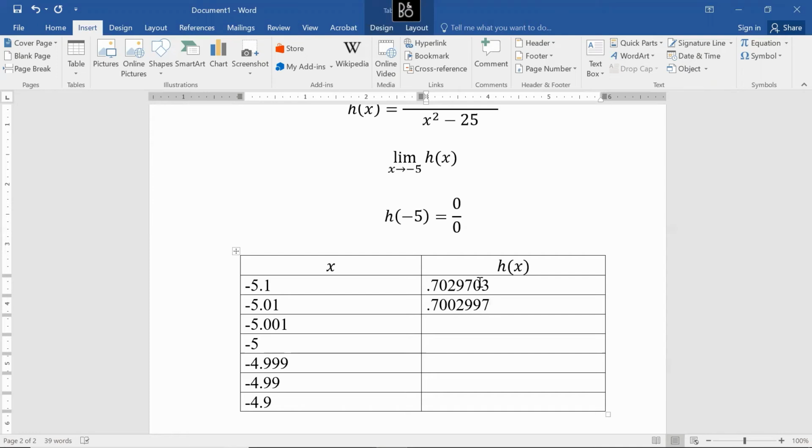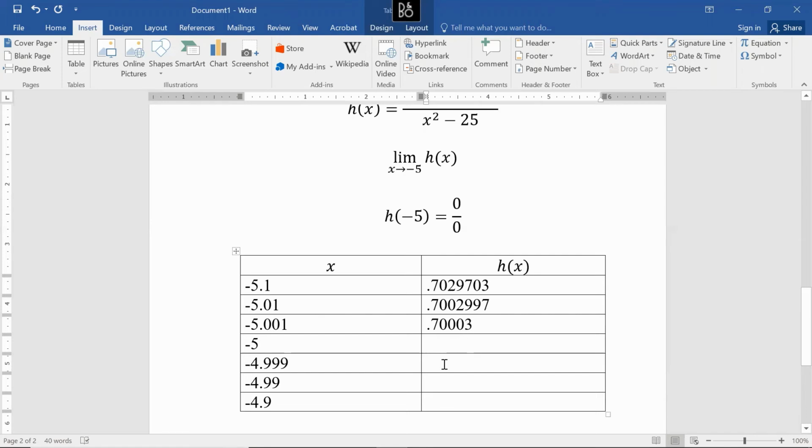If I plug in -5.001, I get 0.7003. Again, I'm just rounding there. But you see here, you get 1 zero, 2 zeros, 3 zeros. You can imagine if you were not 1,000th away, but 10,000th away, you'd get 4 zeros in between the 7 and the next number.